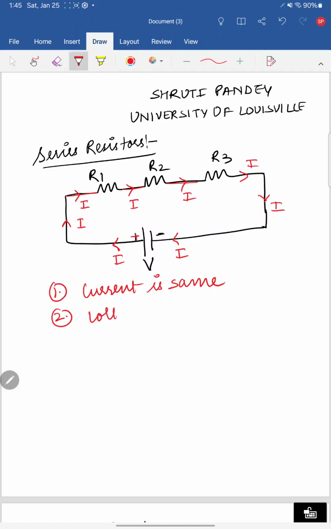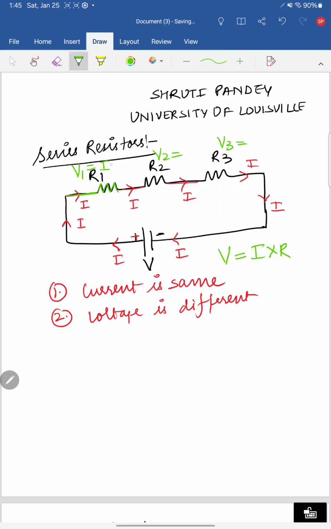Second thing is that voltage is different when resistors are connected in series. So let's say, what is the value of voltage across R1, what is the value of voltage across R2, and what is the value of voltage across R3. As per Ohm's law, which says V is equal to I multiplied by R, when we check the value of V1, we see what is the current flowing through R1.